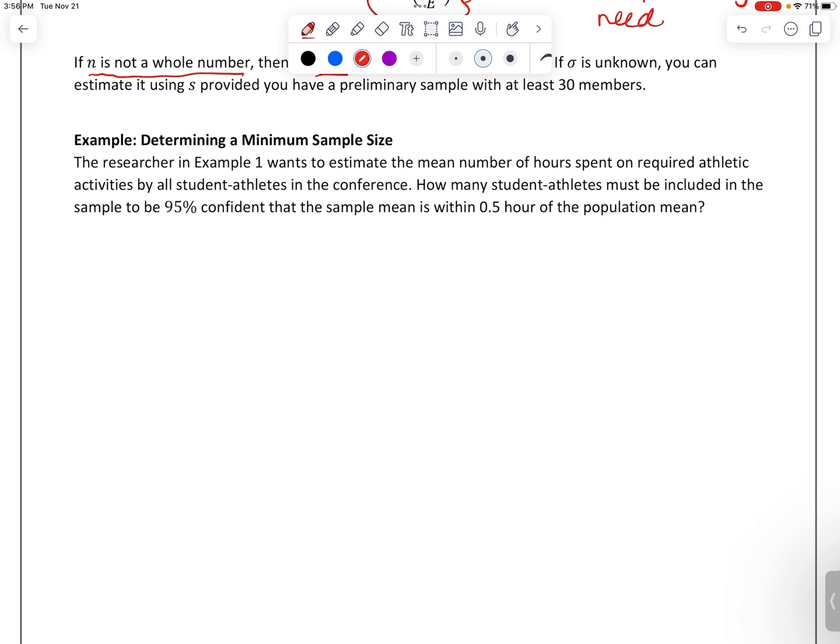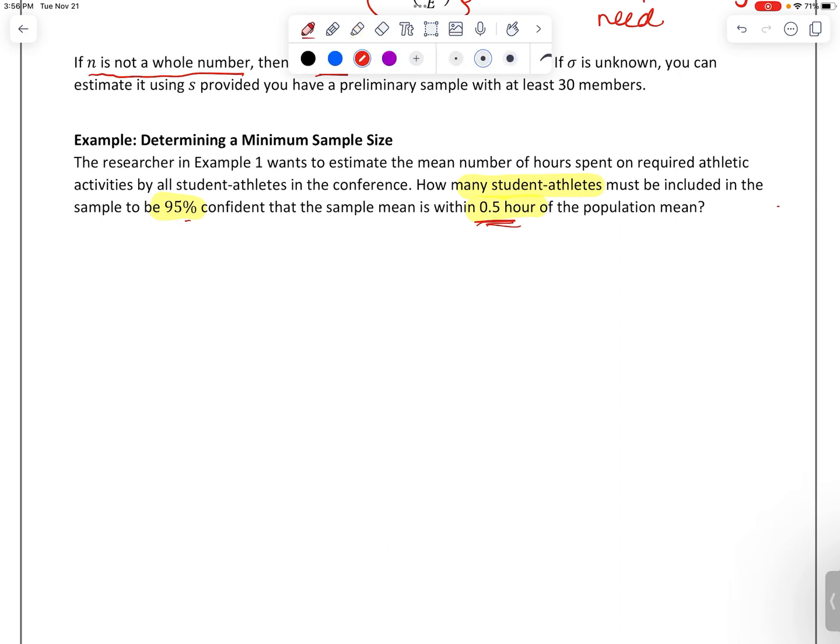So the researcher in example 1 wants to estimate the mean number of hours spent on required athletic activities by all student athletes in the conference. How many student athletes must be included if the sample for a 95% confident falls within 1 or half hour of the population mean? All right. So we want to know how many athletes do we have to include to be 95% confident within half an hour of each other.